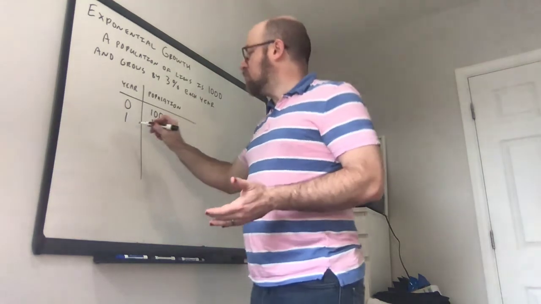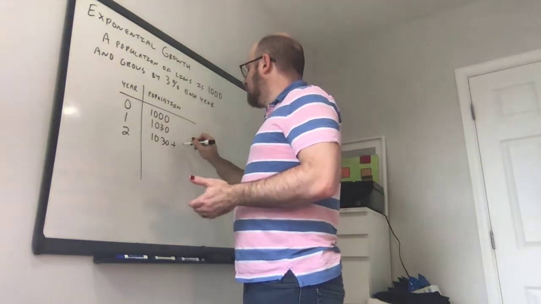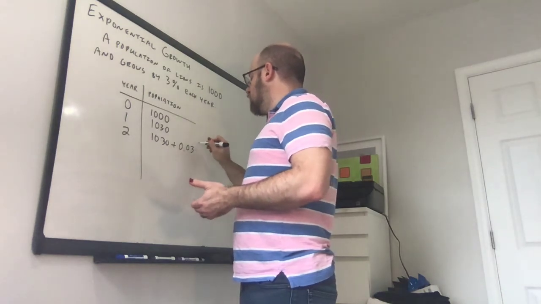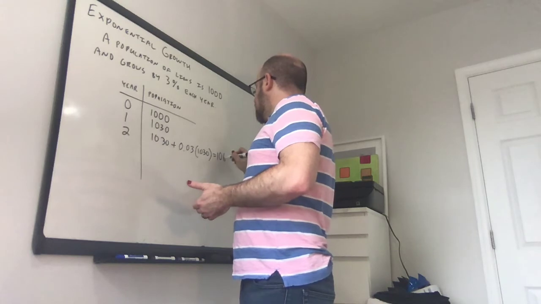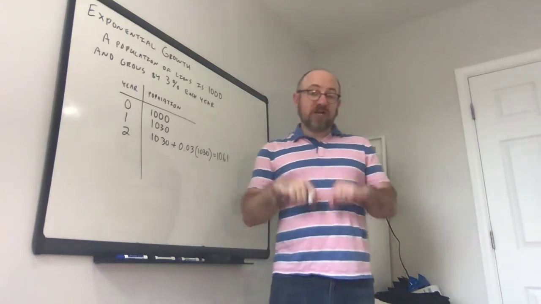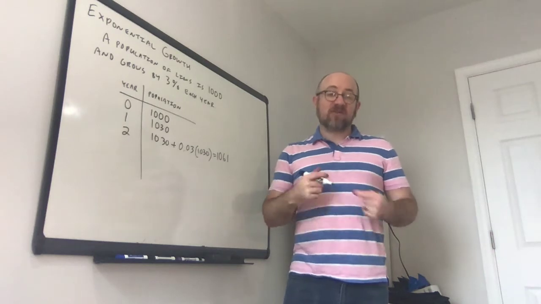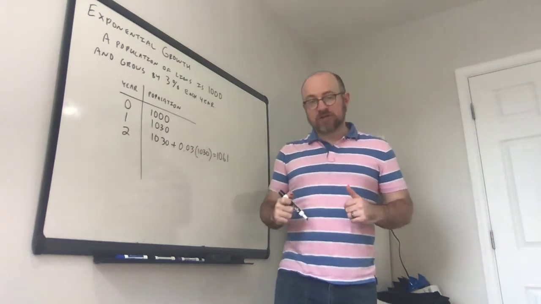So in year 2 we get 1,030 plus 0.03 of 1,030, which is 1,061. So we've grown by 31 lions now instead of 30. We haven't grown by the same amount. We've grown by this fixed percentage.